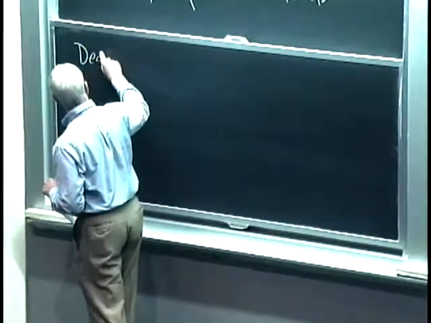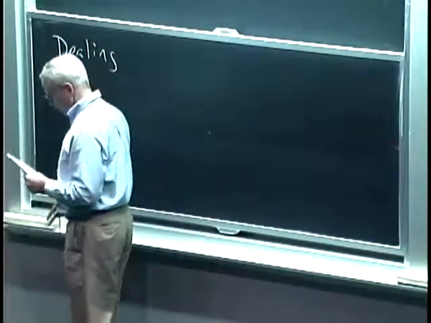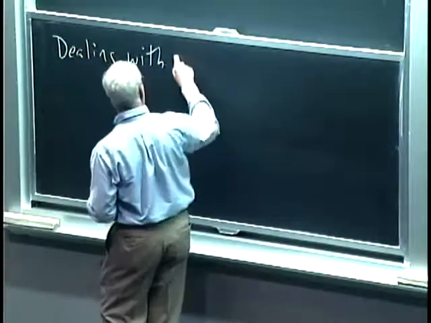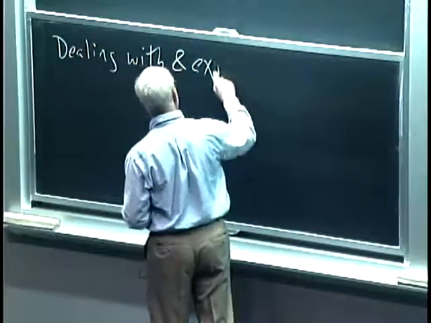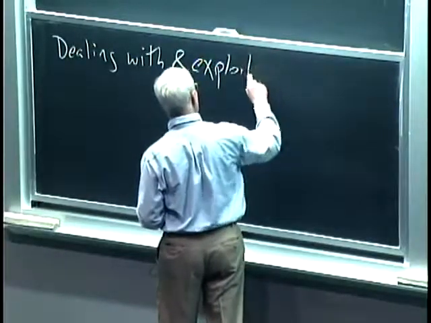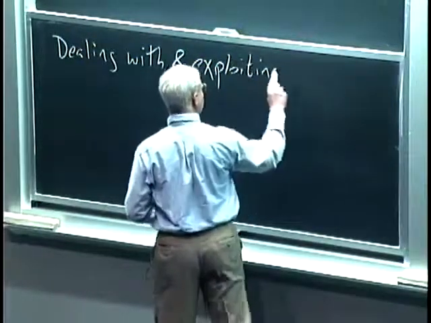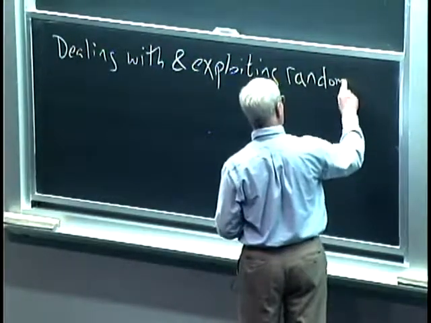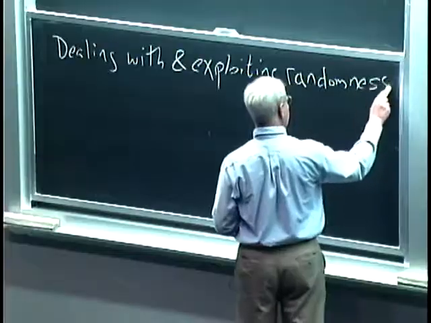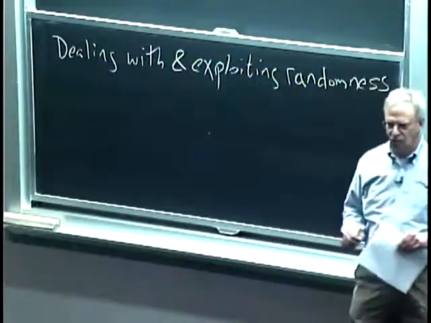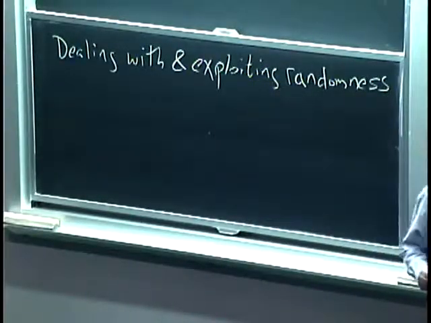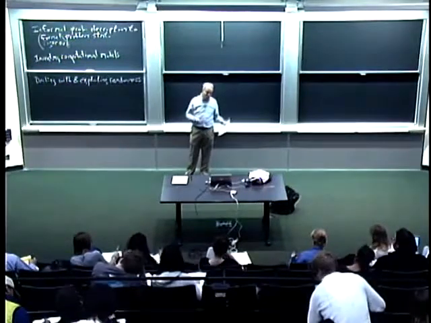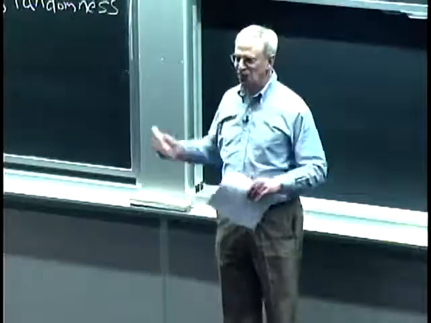As we do this, we'll see that we'll be dealing with and exploiting randomness. Depending upon your outlook on life, one of the sad things in the world or one of the happy things in the world is that it's unpredictable.